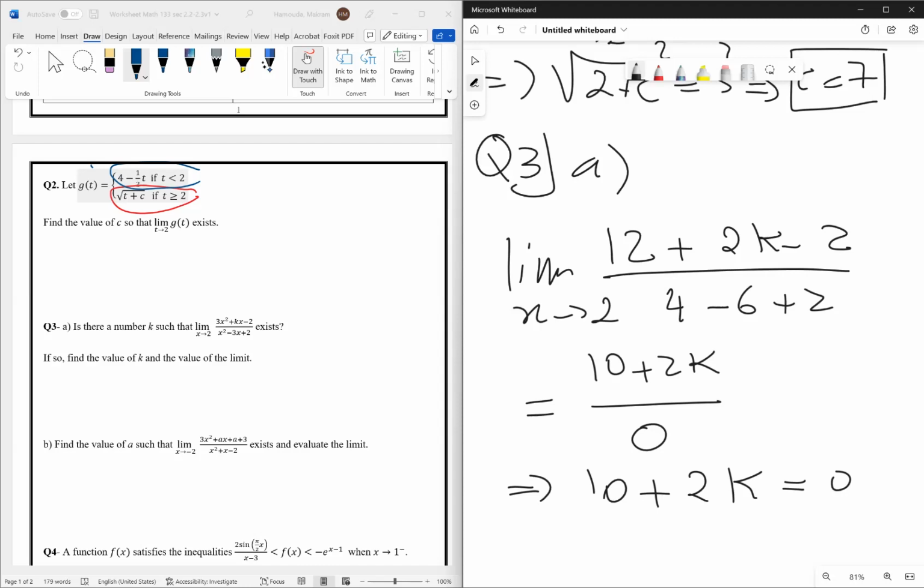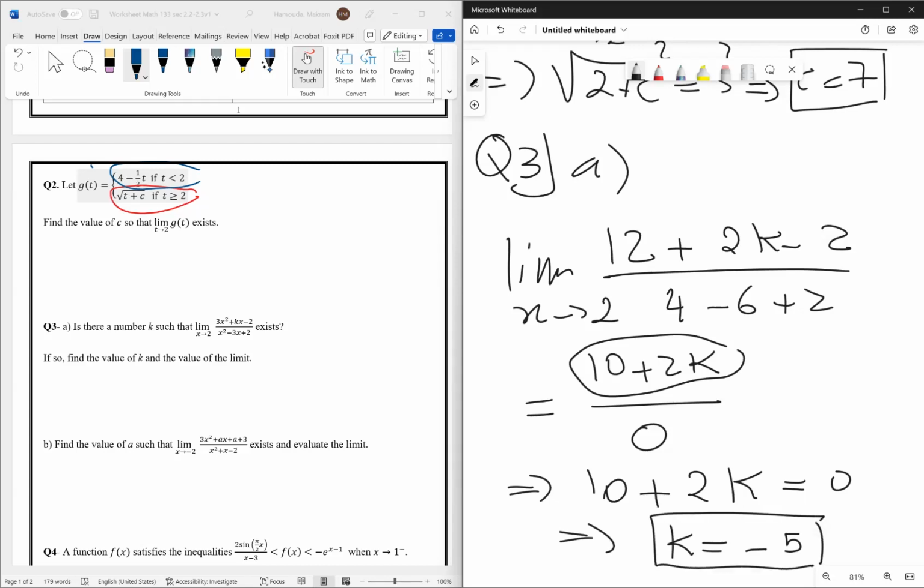Because if this number is not equal to 0, then the limit will be infinite, and we will have limit to the right different than limit to the left, and it is infinite. So here the value of k will be, if we solve this simple linear equation, k is equal to minus 5.